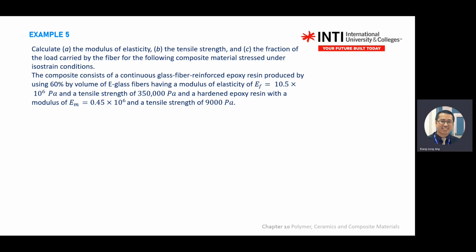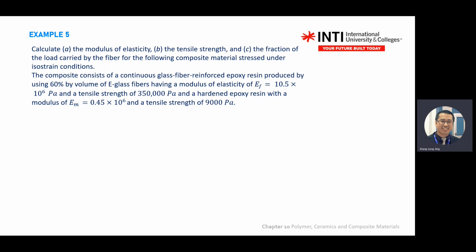The question asks you to find the composite E, the combination of fiber and matrix. There will be final properties, which are modulus Young or modulus of elasticity E, and tensile strength. So you just use the ratio between the fiber and matrix and combine the two to get the tensile strength.